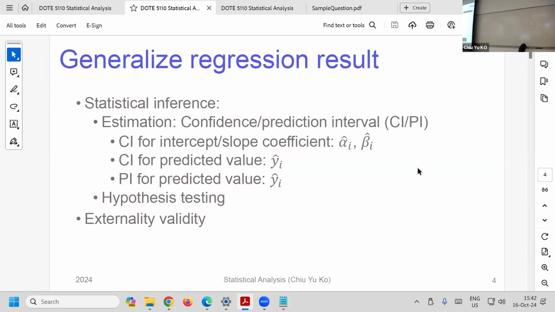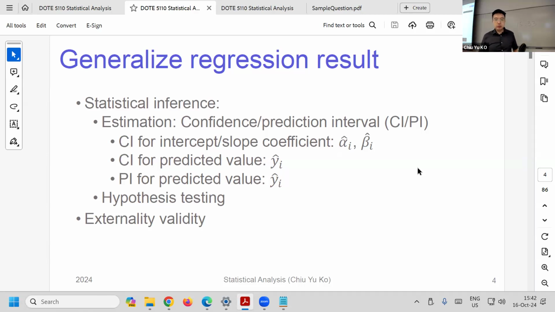Because we run a regression, right? Regression is simply saying that we collapse the data into a simple model with a bunch of numbers. With regression, we just end up with alpha and beta.